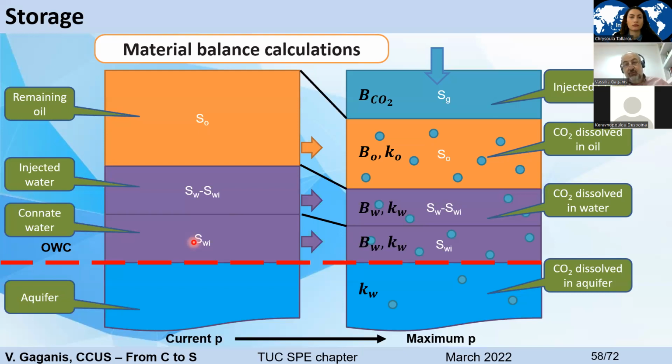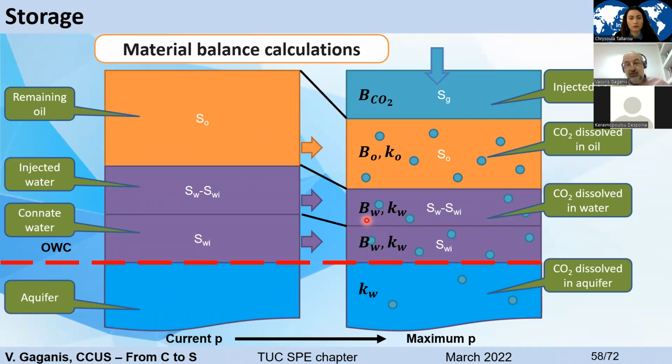And it's a question of their compressibility, what's going to be the volume that they will occupy under the increased pressure conditions. So the interstitial water will be shrunk by a factor that depends on BW, the formation volume factor of water. The flooded water, the water due to the water flooding, will be compressed by BW.